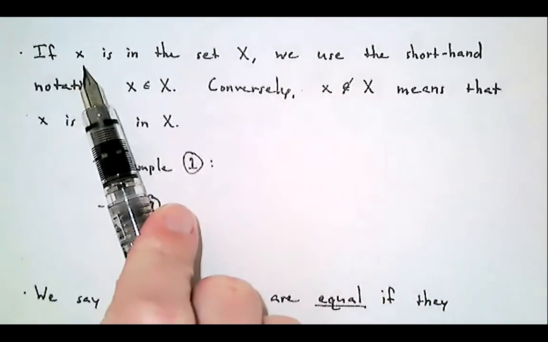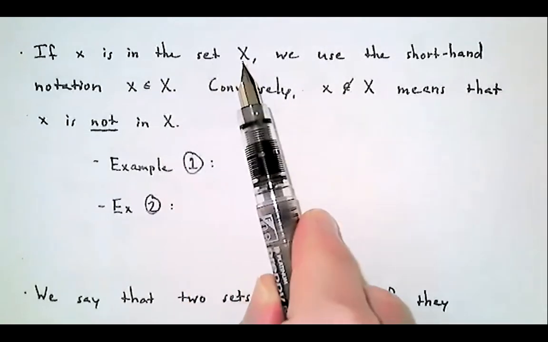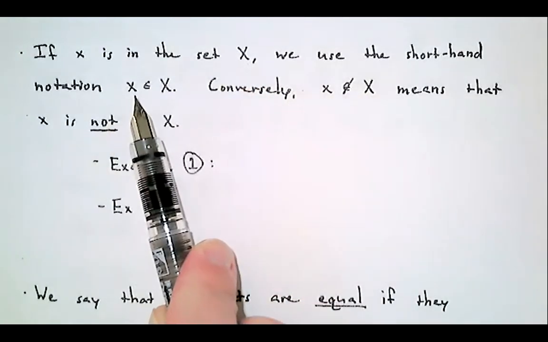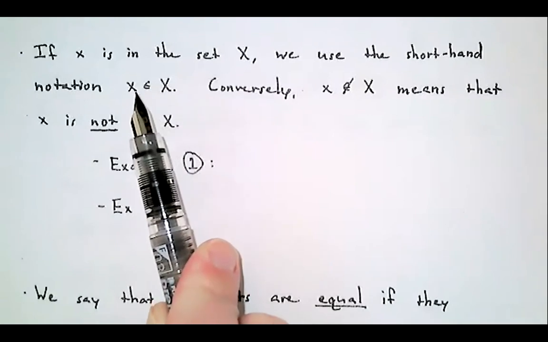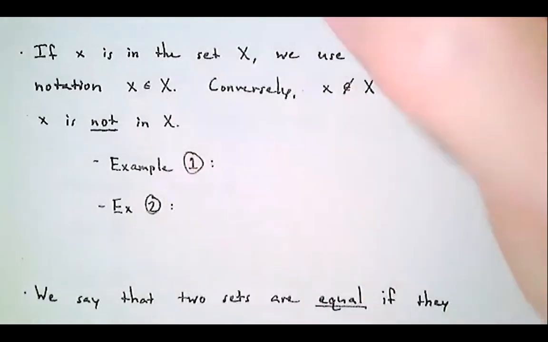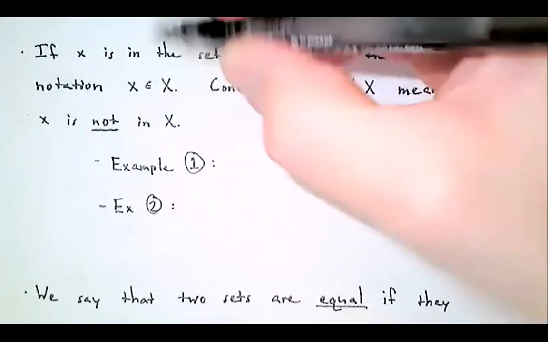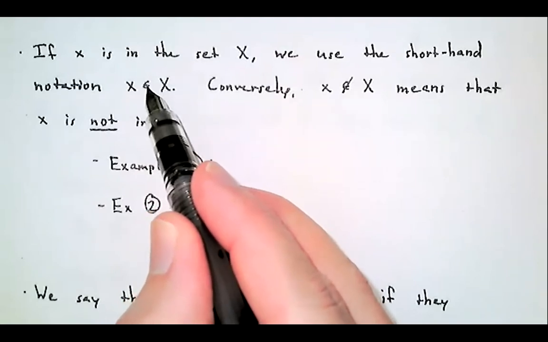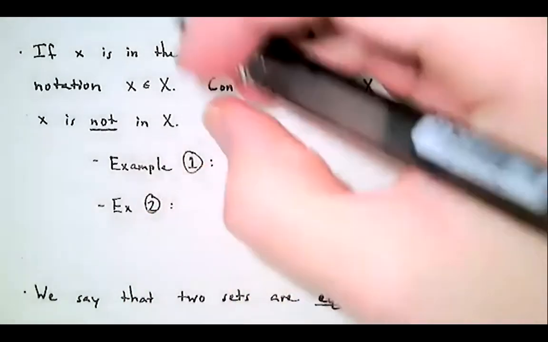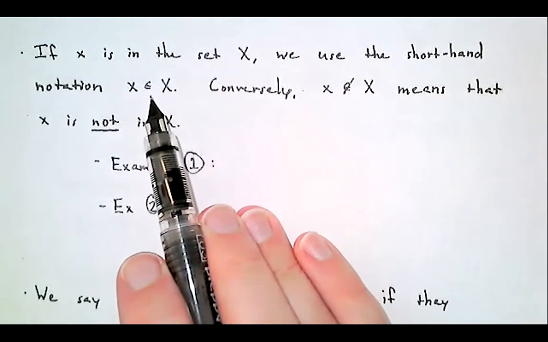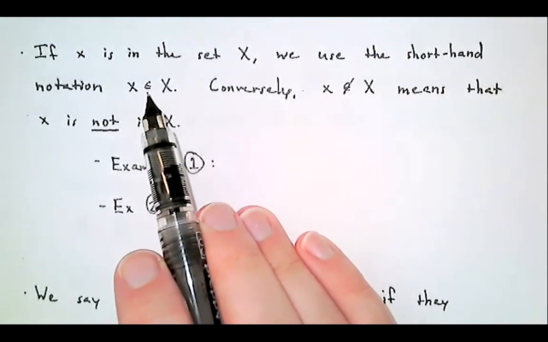So if lowercase x is in the set capital X, then we'll use the shorthand notation little x, and then this symbol, is in X. So this symbol is something like a C with an extra line in it. And it roughly translates into English as x is an element of.